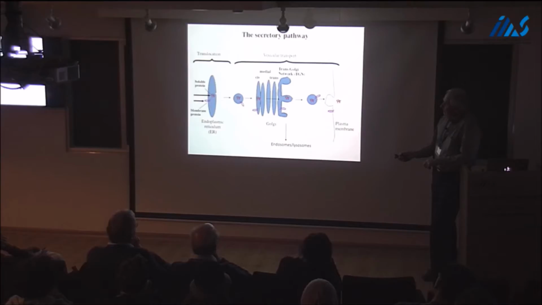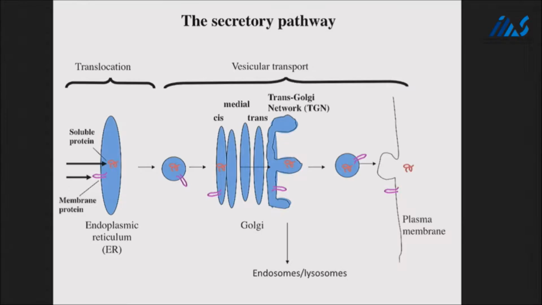So you get a budding of vesicles from the ER that contain the soluble protein inside and the membrane protein in the membrane, and then these vesicles fuse with the Golgi, deliver the content into the Golgi and the membrane protein into the membrane.